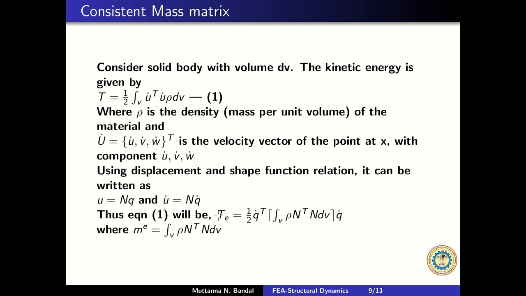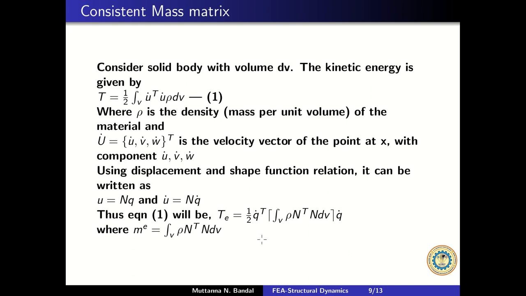So in this equation, I will replace this u dot with N into q dot, and it can be written as kinetic energy Te. Te refers to the kinetic energy of an element e, equal to half into q dot transpose into integral over volume of rho N transpose N dV, into q dot. So wherever u dot is there, you substitute with N q dot, and you will get this equation.